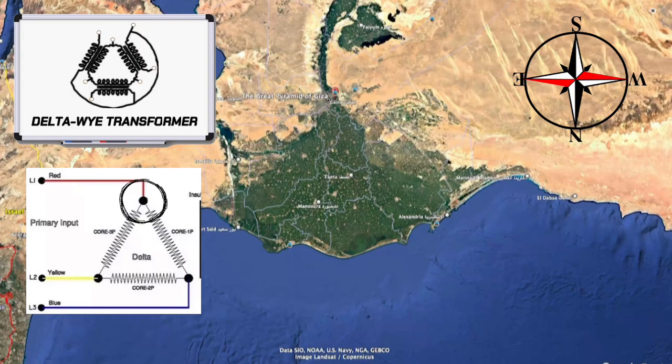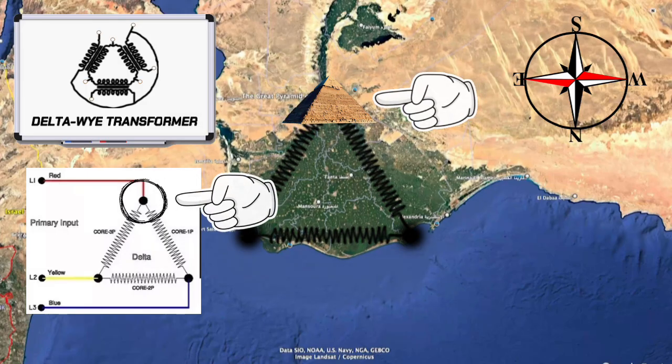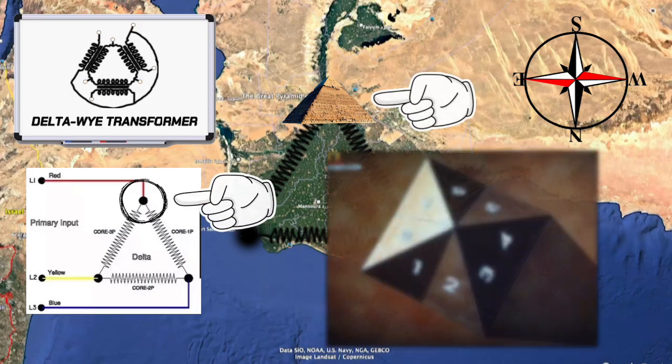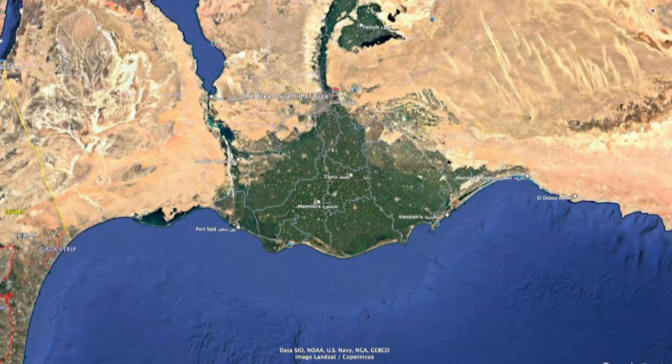And that primary node is the Great Pyramid structure. It is the Great Pyramid, which itself, as you may know, I'm sure, has on it 8 delta structures. There are 8 triangles.